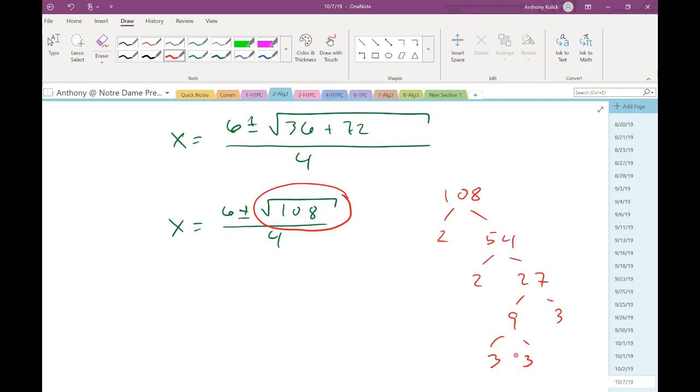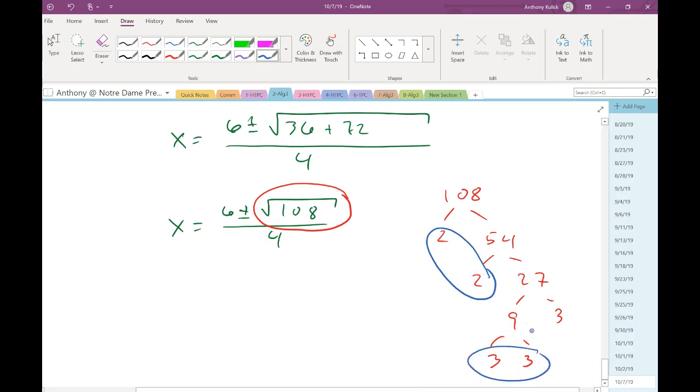What I'm looking for inside of here are perfect squares. So I notice here is a perfect square, and here is a perfect square. So what I can say is 108 is really 4 times 9 times 3. So here's my 4, here's my 9, and there's my lonesome little 3. Everybody okay with that?